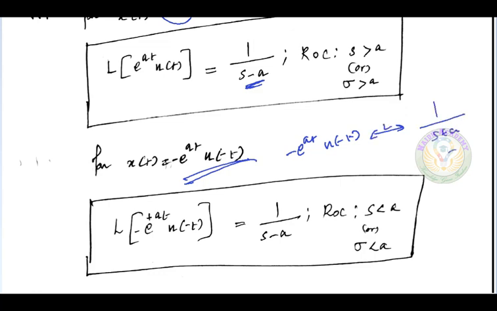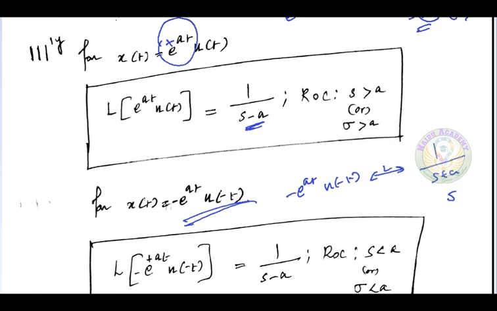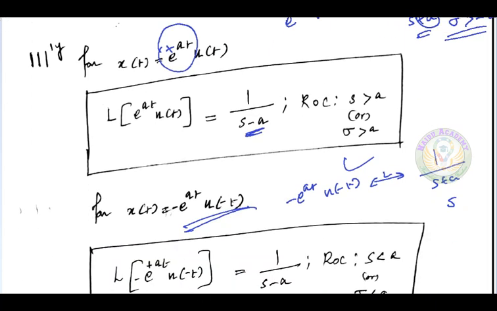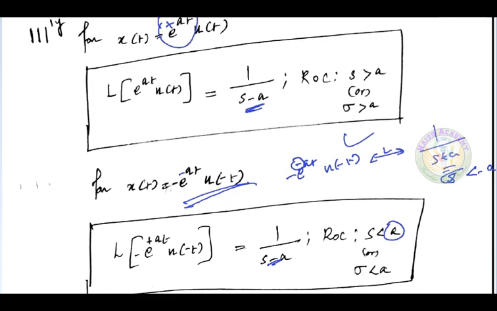The only difference between this function and the other function is the region of convergence: sigma should be less than minus a. Here it is minus, so it should be plus, and here it is plus, so it should be minus. Just change the sign of a in both places.